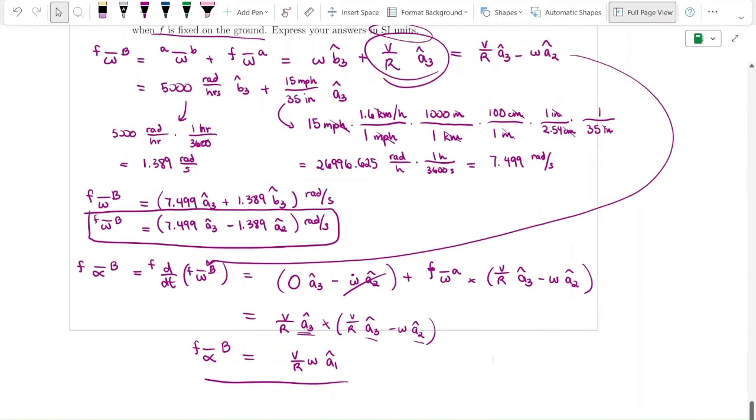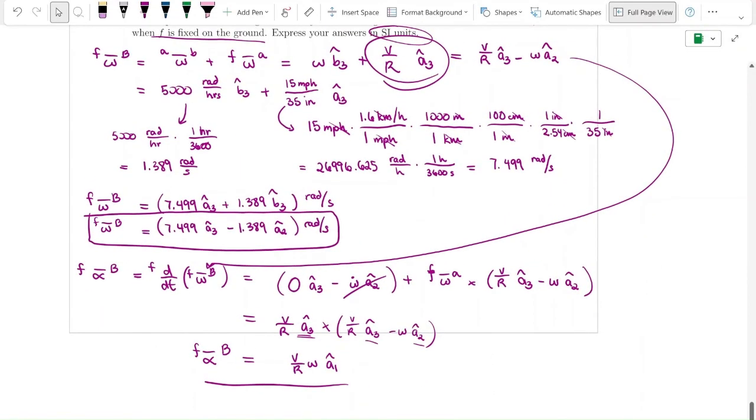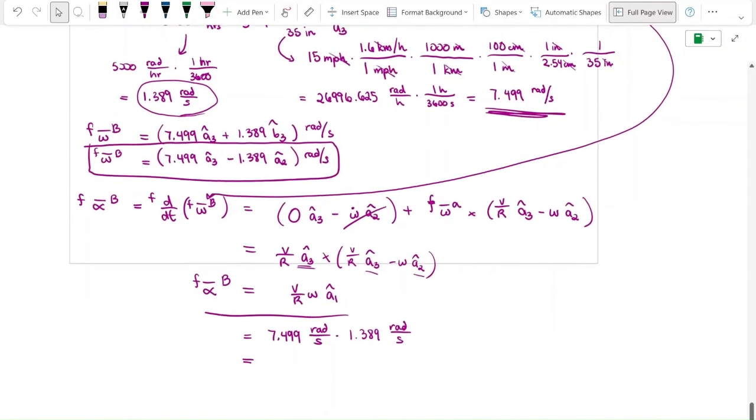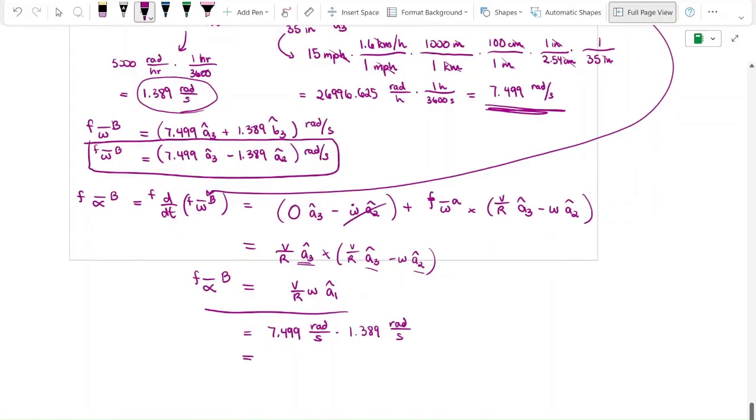And now we have to do our conversions, but we kind of already did that. So we know that V over R is equal to this, 7.499 radians per second, times omega, which is 1.389 radians per second. I guess the radian squared doesn't mean anything, it's just the same result.